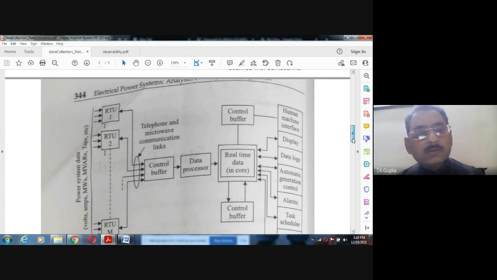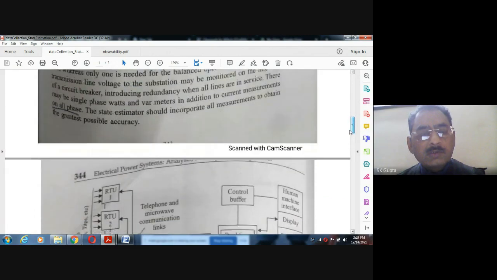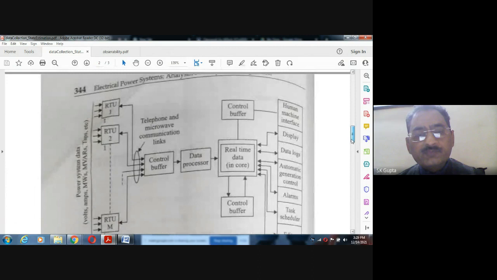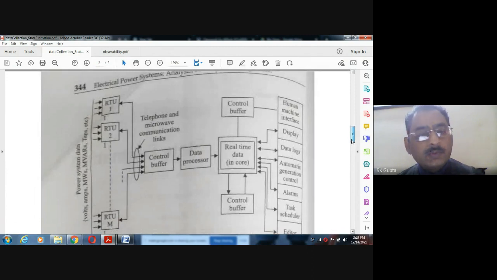Anyway, we were describing that at the substation side or at the remote side, there are remote terminal units. These remote terminal units may consist of sensors, CTs, PTs, and PLCs. So they measure the data at different RTUs.